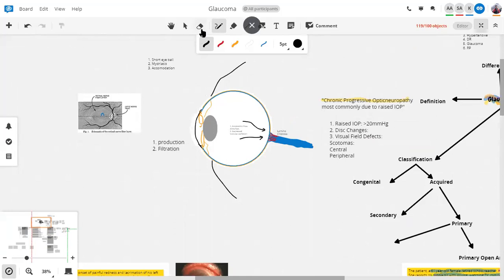Literally it means the eyeball coming out. In ophthalmology, exophthalmos means the protrusion of the eyeball, specifically in the context of thyroid eye disease. When Graves' disease occurs, we know that there is protrusion of the eyeball. That protrusion is called exophthalmos.